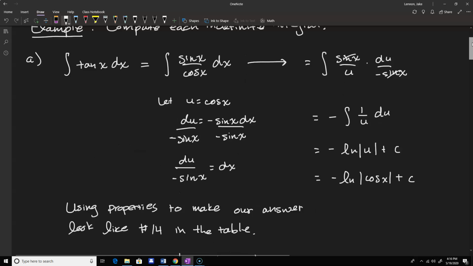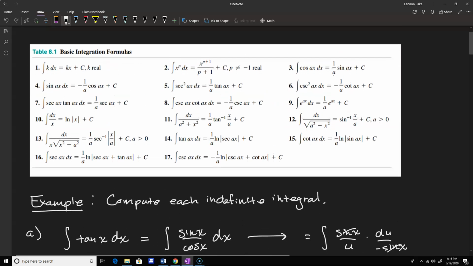So what did that relate to in the table? Well, if you have dx over a squared plus x squared, it's 1 over a inverse tangent of x over a plus c. So we're going to be using integration formula number 11 for part F down here.